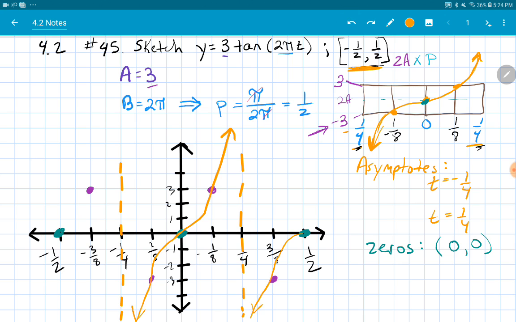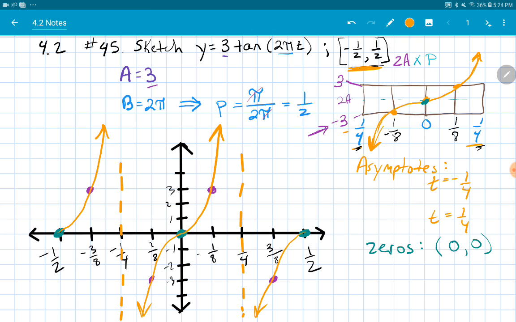Whoops. And then stop there. And on this one I go up forever. Whoops, too sharp. There. Okay, that's pretty much it, except I'm getting bothered by the shape of this, so I'm going to just fix it a bit. That's a little better. There we go, that looks nice.